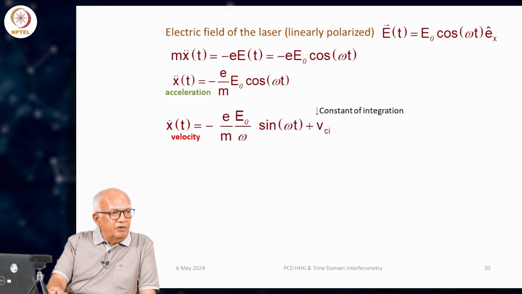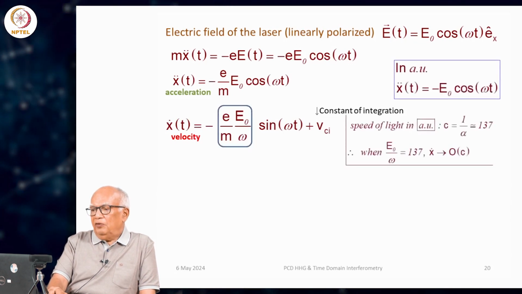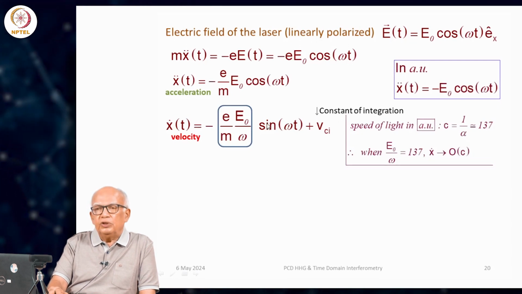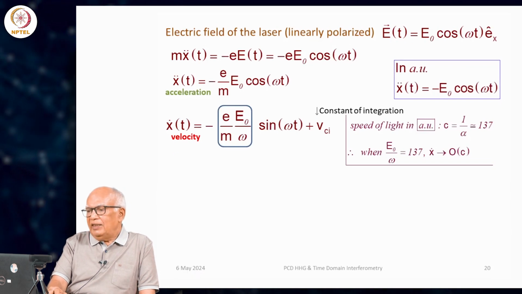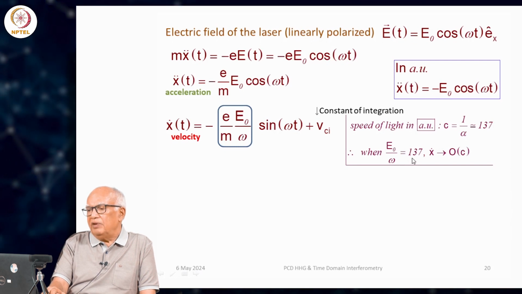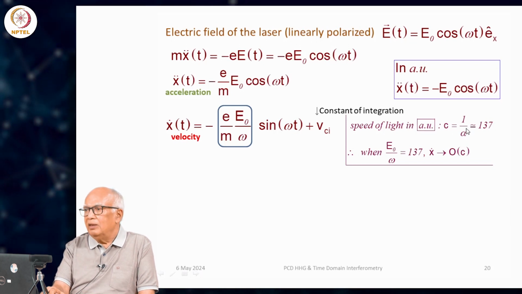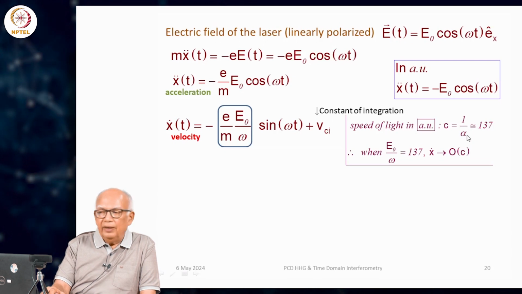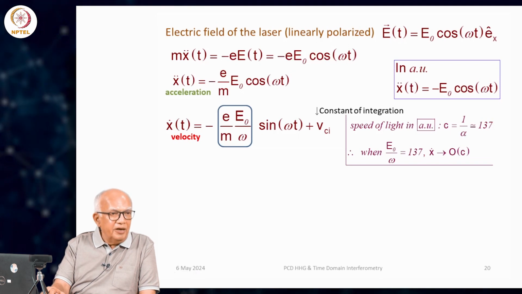A constant of integration will pop up, right, and if you write this expression in atomic units in which e and m can be put equal to 1, so it is just a matter of choice of units, then you see that when E0 by omega is of the order of 137, because the speed of light in atomic units is 137, it is 1 over alpha. This is of course not exact, but very close. This is the fine structure constant as we know it from Dirac theory.